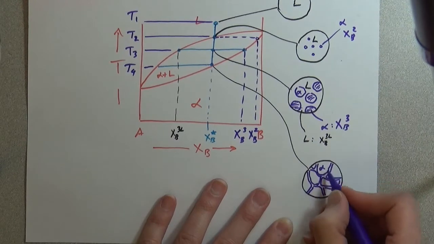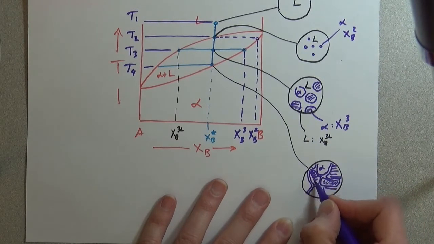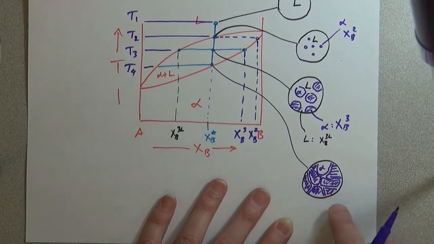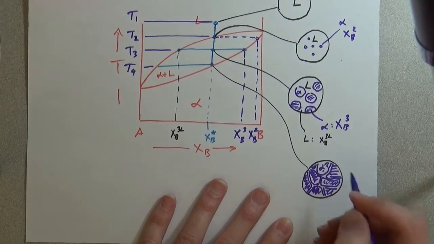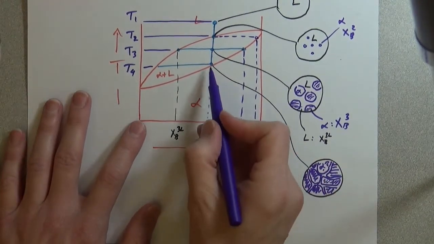So this is alpha. And we have some liquid between the grains. But it's mostly solid.